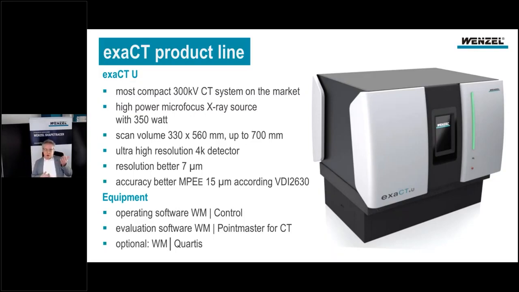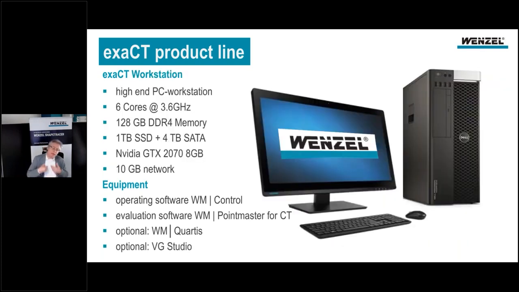I think you know that expression, everyone talks about 4K TV. So you can compare the resolution of the detector with a 4K TV, which is very, very cutting edge technology. The accuracy is better than 15 microns according to VDI 2630. The software equipment is the same as on the other systems.